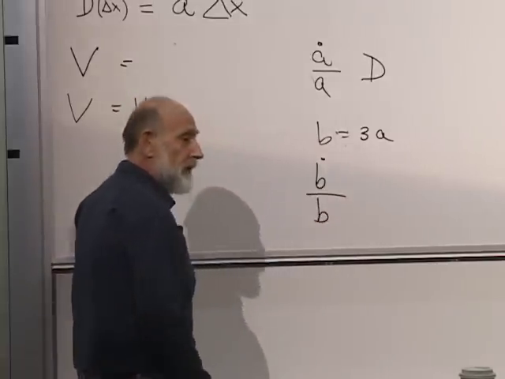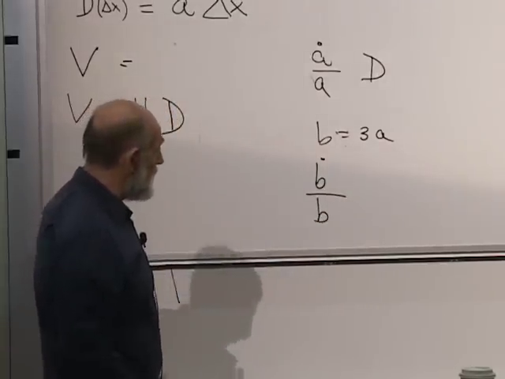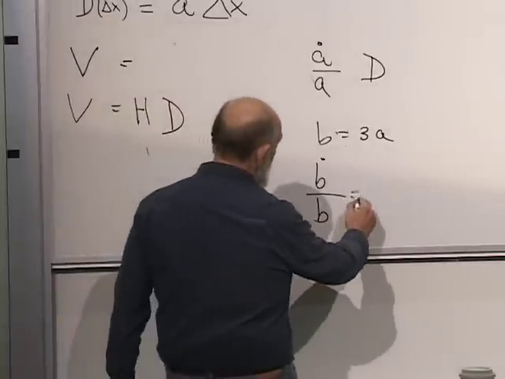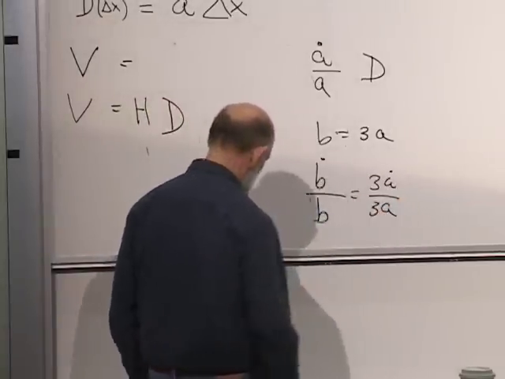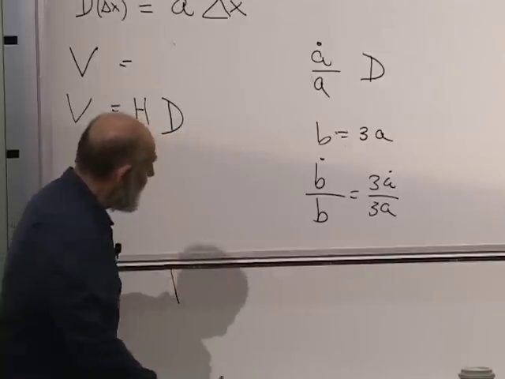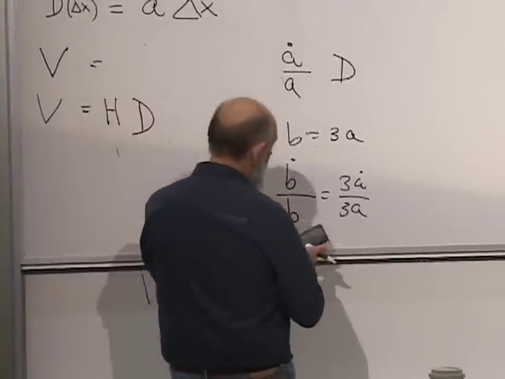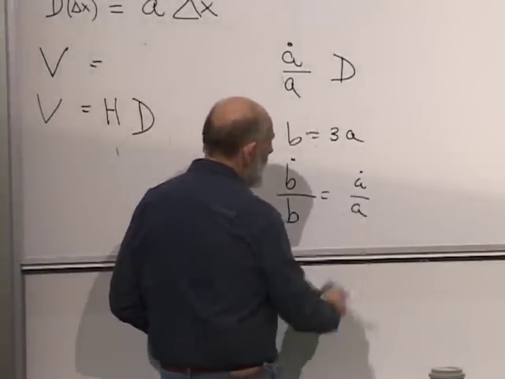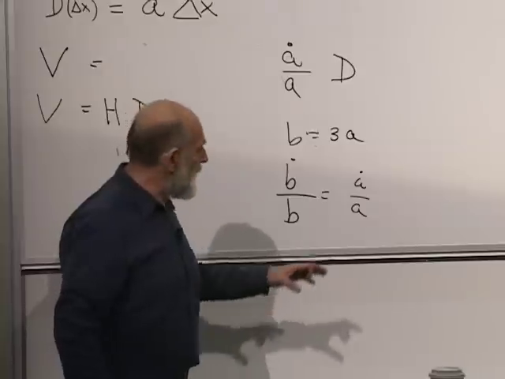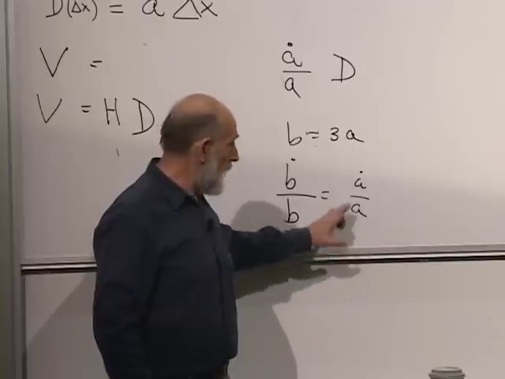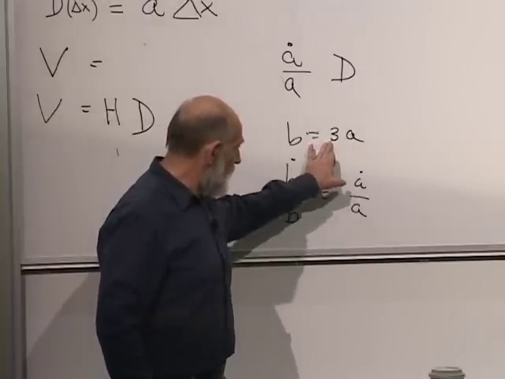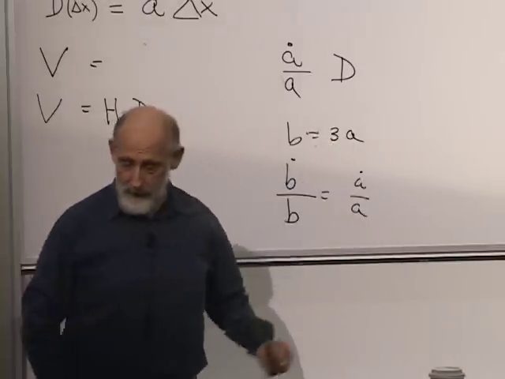You might think you get a different answer for the Hubble constant, but you don't. You get 3A dot over 3A. The 3's cancel. So what matters really is not the scale factor itself, but how it's changing. That's the important thing, how it changes, not its overall magnitude. But we'll come back to that.